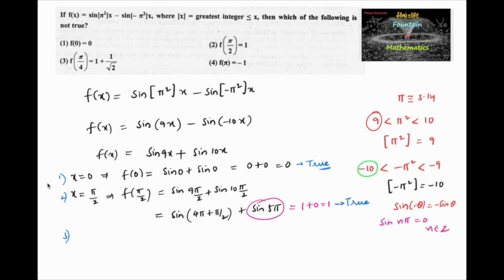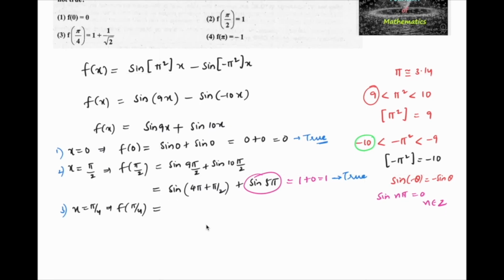And coming to the third option, x is equal to pi by 4. f of pi by 4 is equal to sine 9 times pi by 4 plus sine 10 times pi by 4, which is sine 9 pi by 4, we can write as sine of 2 pi plus pi by 4, and here it is 5 pi by 2, so we can write 2 pi plus pi by 2.